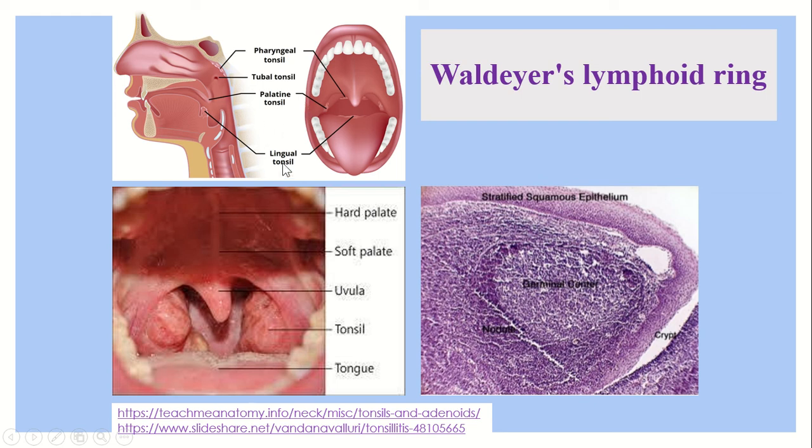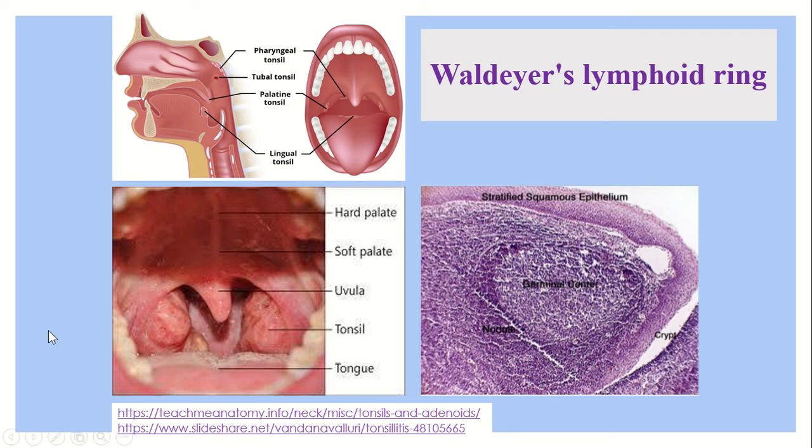Here you see the lingual tonsil, the tubal tonsil, and the pharyngeal tonsils. Commonly they are called Waldeyer's lymphoid ring, or Waldeyer-Pirogov's lymphoid ring, because after birth, the newborn has no completely developed immune system. So by location, the elements of the lymphoid tissue help to protect our body from the external agents.